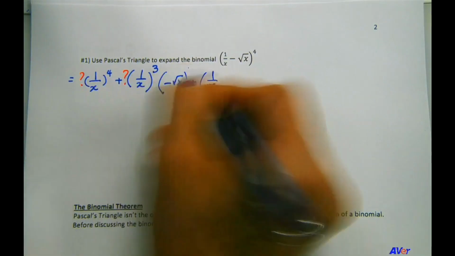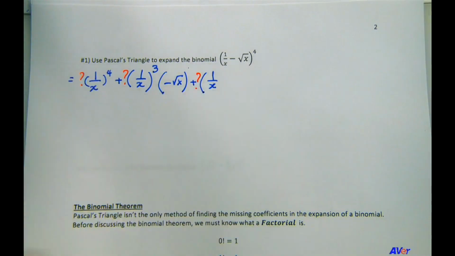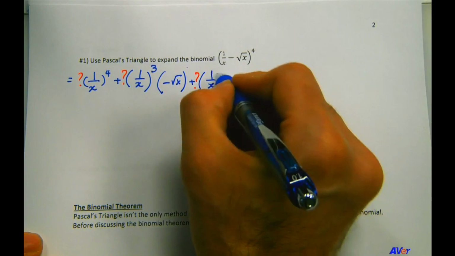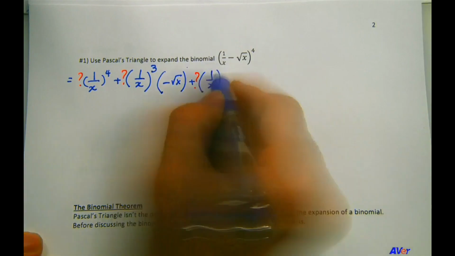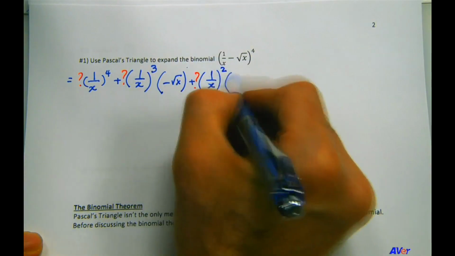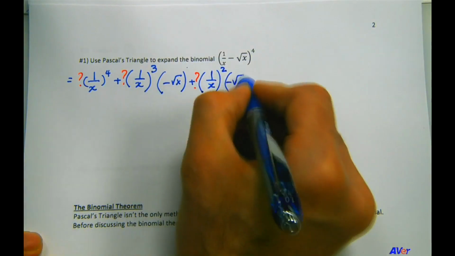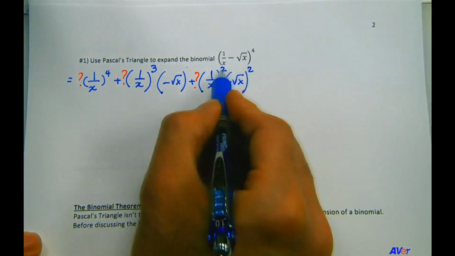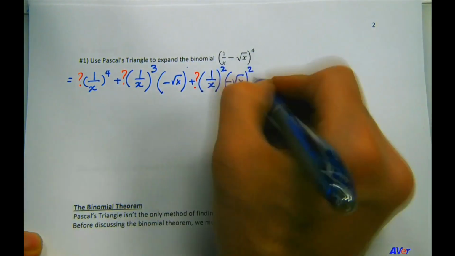The coefficients, we're going to need those coefficients later. So I'm going to put question marks for now. 1 over x to what power? Reduce the power by 1, so 2, and then times minus square root of x to 2nd power, right? Once again, 2 plus 2 is 4, and that's what we like.